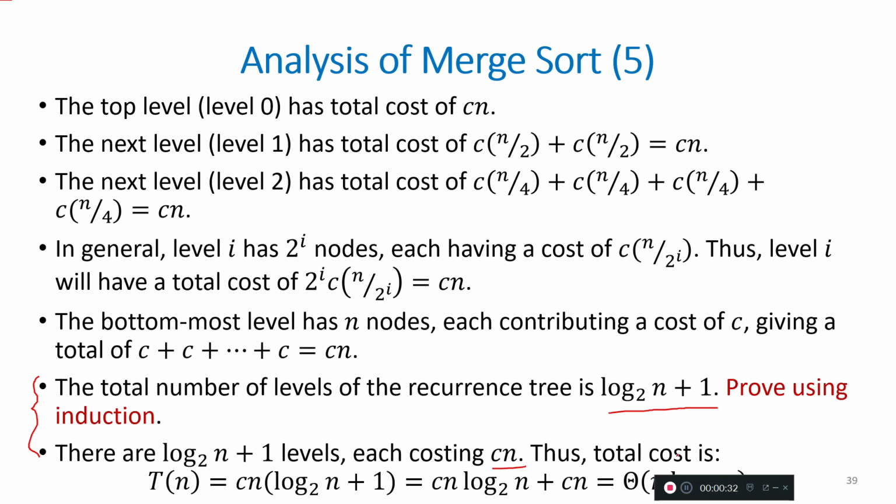So the total cost would be the number of levels times the cost per level, which is log n plus 1 times cn. That would give you this value, and since n grows sufficiently large, this would be the leading term because it has n times log n, while this is only n. We can remove this, and therefore we would have the worst case running time to be theta of n times log n.